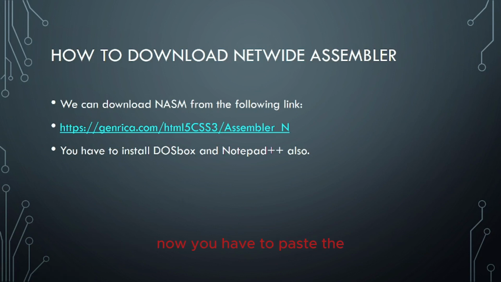Now you have to paste the zip folder in the assembly folder. Extract the zip folder. Now download the executable file of DOSBox and keep it in the assembly folder. Now download Notepad++. Congratulations, your setup for assembly is prepared. How to run this setup we will see in the next lecture.